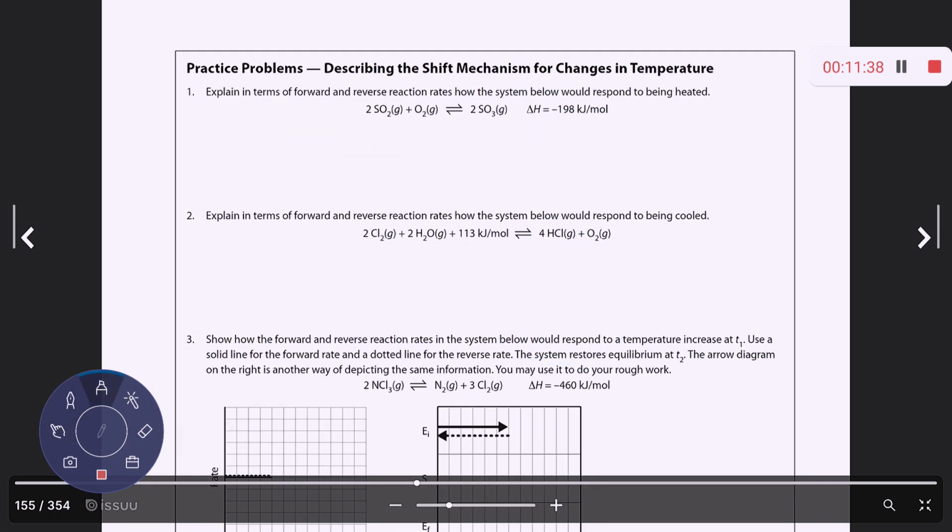For number 1, we are heating this reaction mixture, which is exothermic. So I've got heat as a product, so I'm adding heat. This opposite direction, the reverse direction, is my endothermic direction. So if I'm heating it, which rate will increase more?